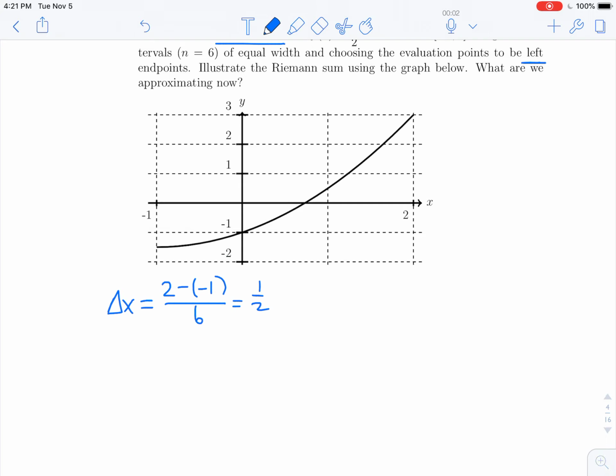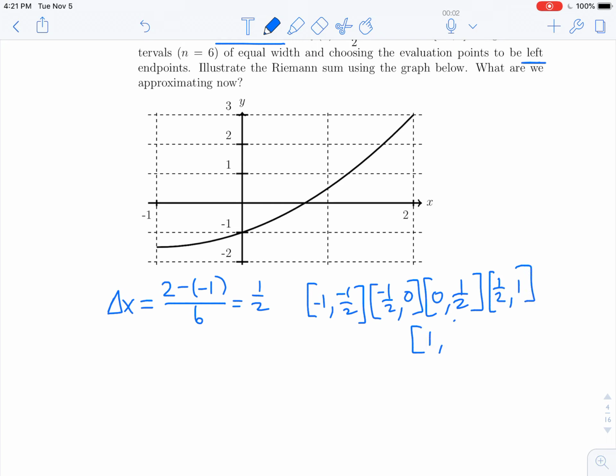So our subintervals are -1 to -1/2, -1/2 to 0, 0 to 1/2, 1/2 to 1, 1 to 1.5, and then 1.5 to 2.